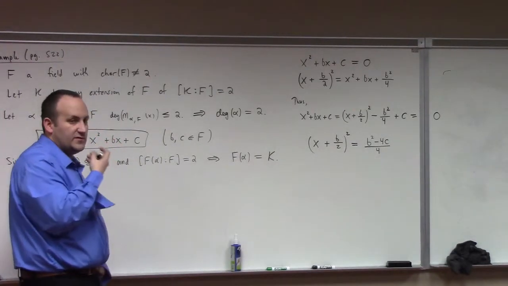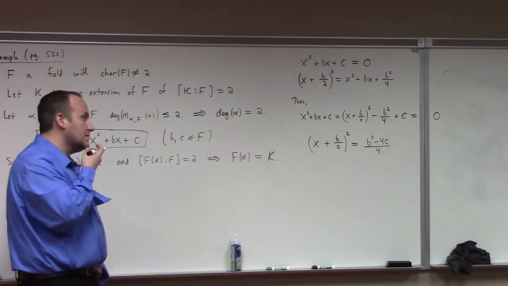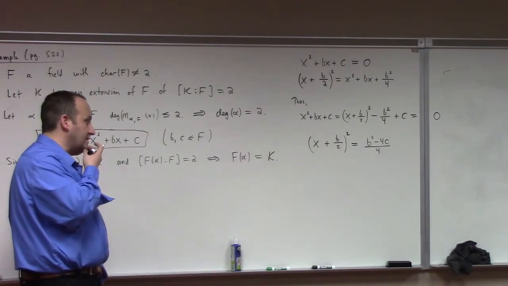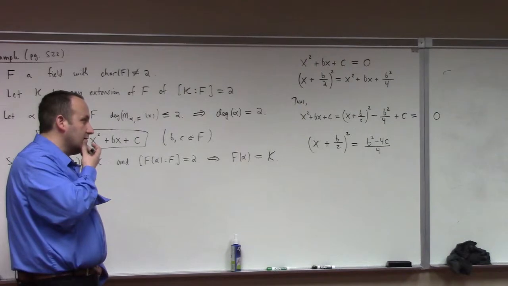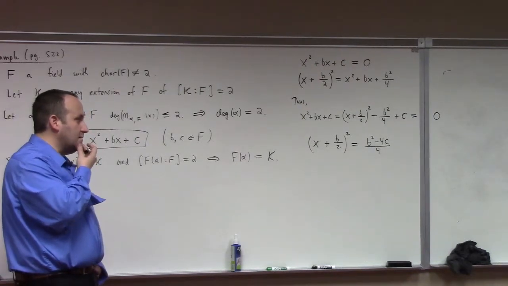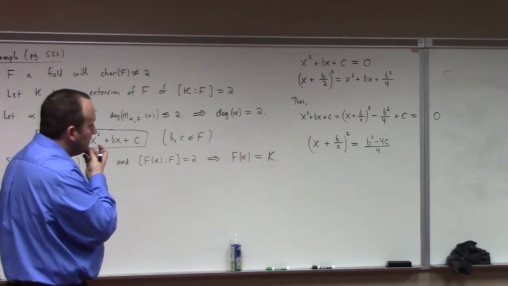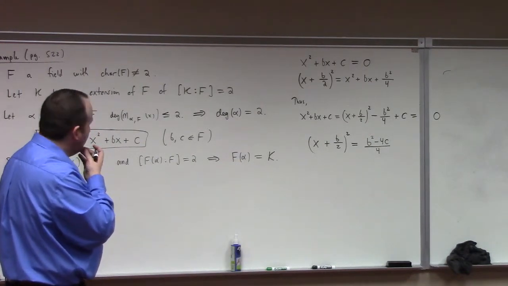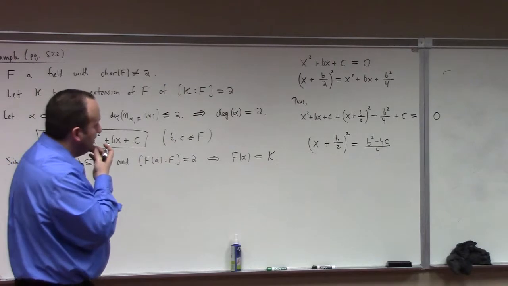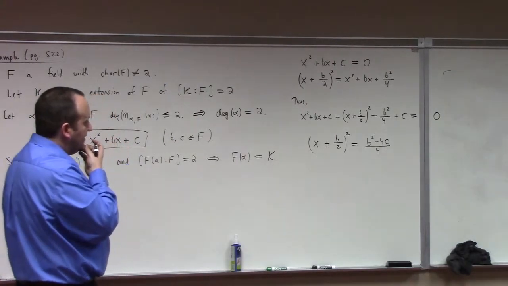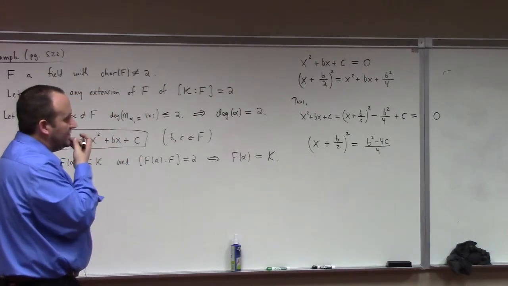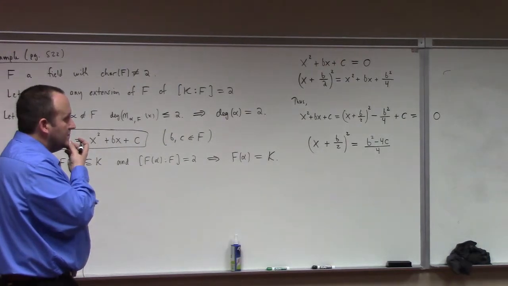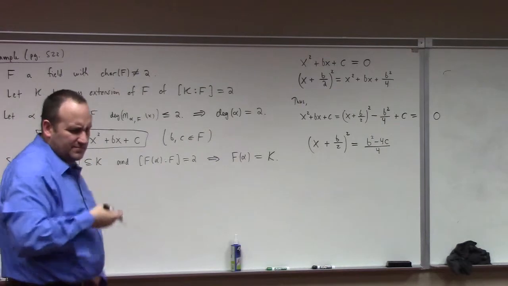Again, characteristic not 2, so 4 has an inverse, multiplicatively speaking. And then alpha should be like a root to that equation. And I think none of the steps that we've done have removed any solutions, right? I mean, is that the right way to think about it?